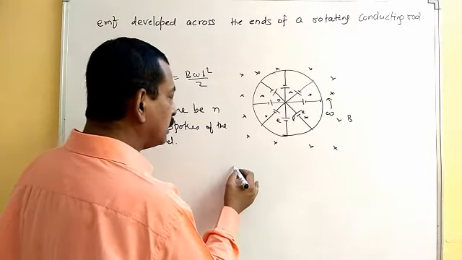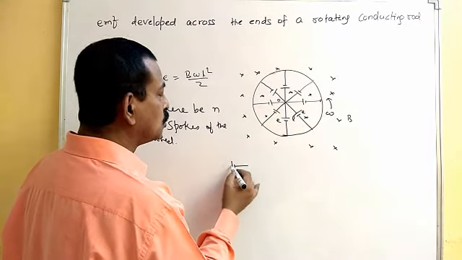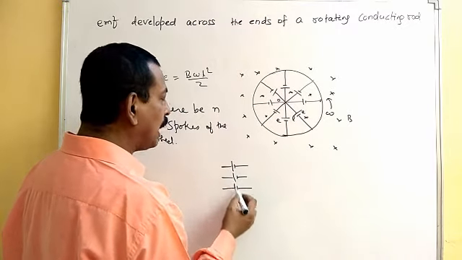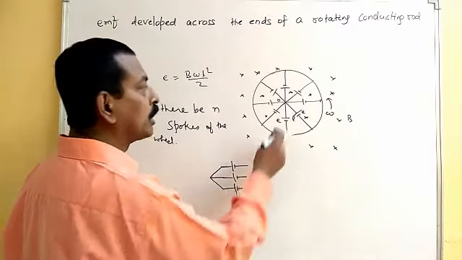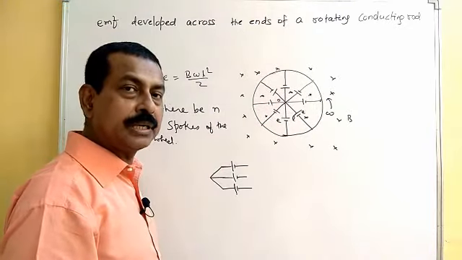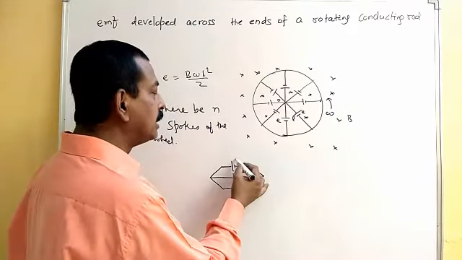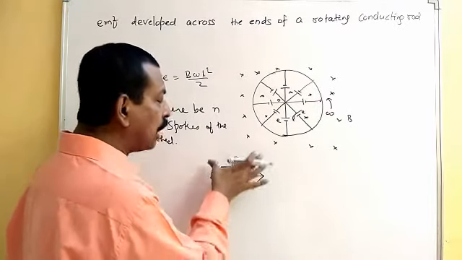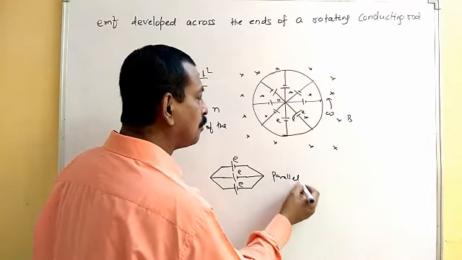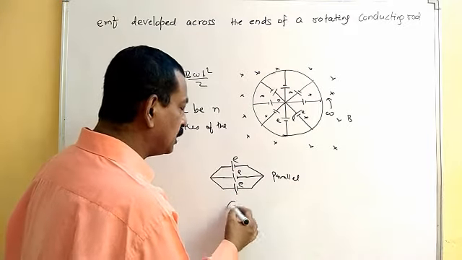They all have the positive terminal connected at one point O. This is one cell, this is another, this is the third. They all have their positive terminal connected at one point, whereas the negative one is connected to a point on the rim. So their other ends are also connected at another point. If E is the EMF, how are the cells connected? They are in parallel. So if they are in parallel, obviously what will be the net EMF? It will be E.